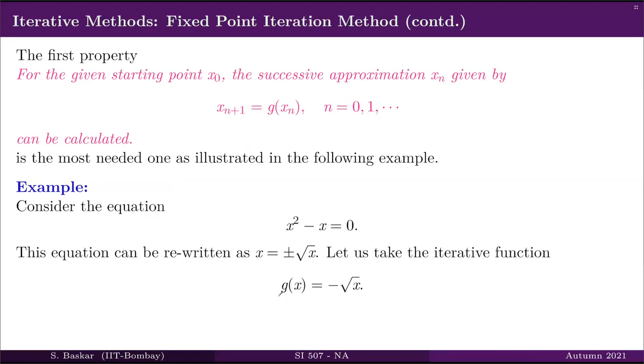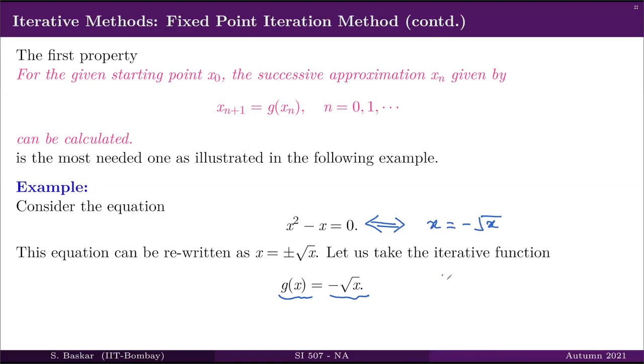Say, for instance, if you take g of x equal to minus root x, then this will be equivalent to x equal to minus root x. That is not a problem, but can we generate an iterative sequence using this g is the question.